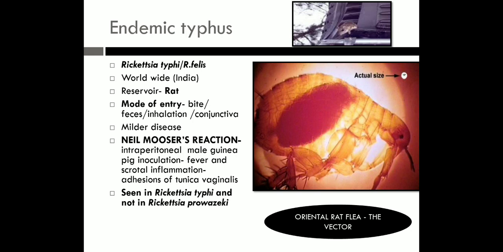So this is how we can differentiate Rickettsia rickettsii, Rickettsia typhi and Rickettsia prowazekii. So Rickettsia typhi shows a positive Neill-Mooser reaction, whereas Rickettsia prowazekii, the reaction is negative.